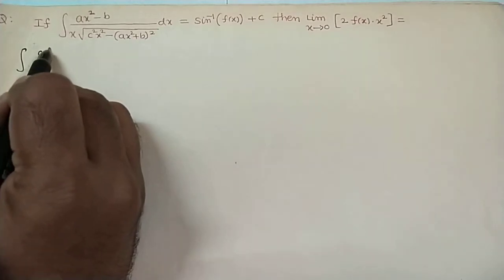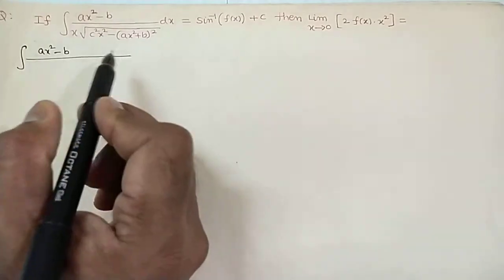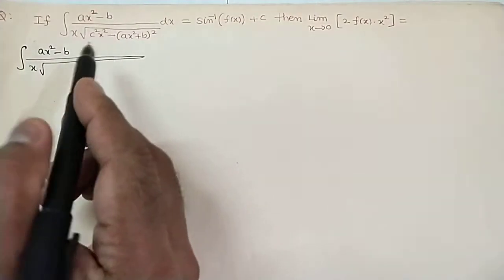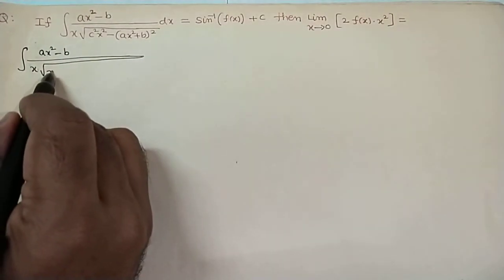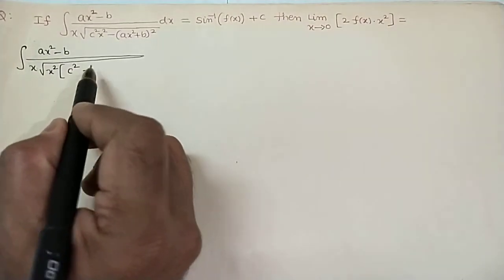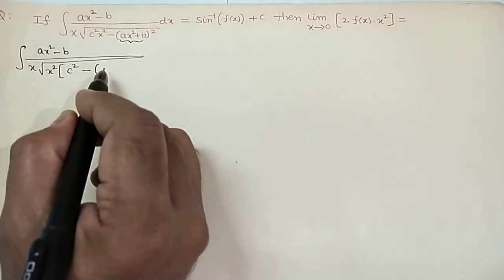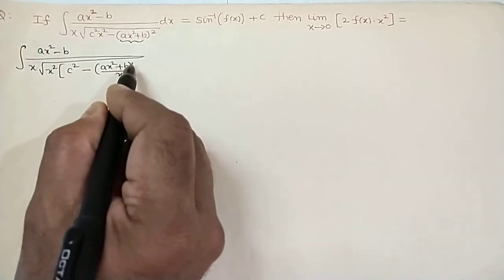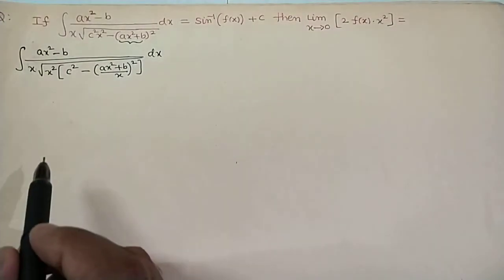Integral of (ax square minus b) divided by x into square root of... from here I am taking common x square from these two terms. If you take common x square, it will be c square minus (ax square plus b by x) whole square, because we are indirectly dividing with x square, you remember that.